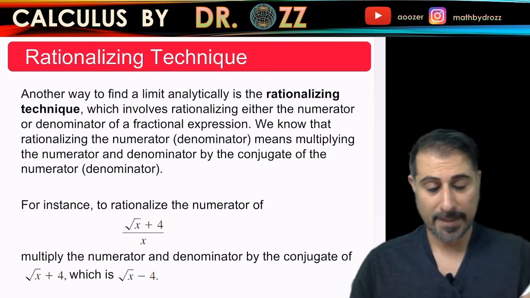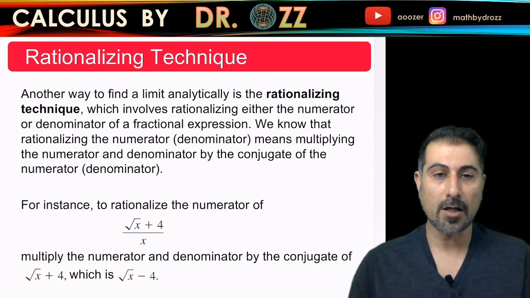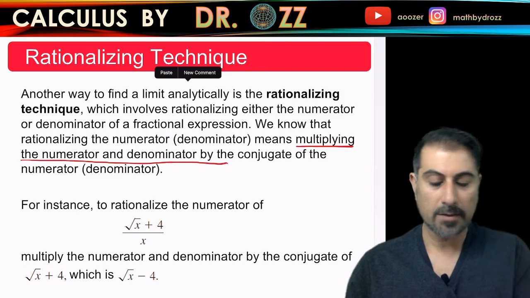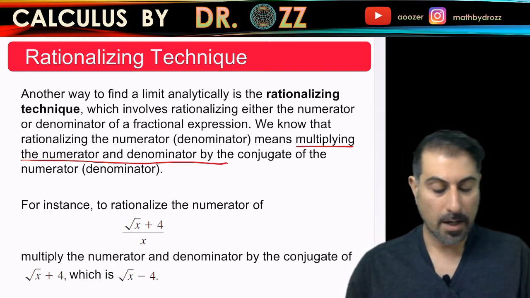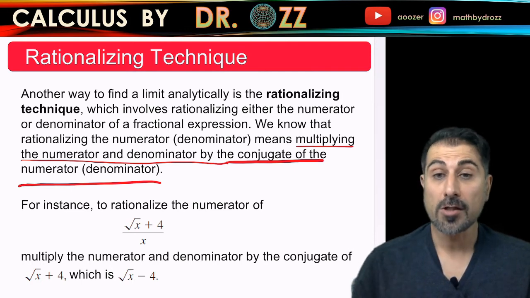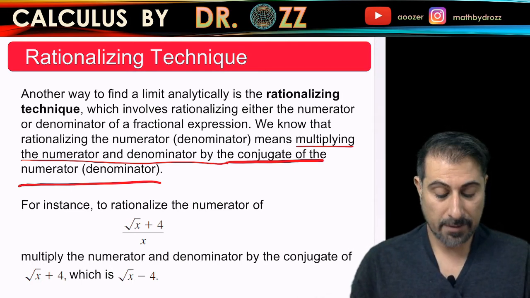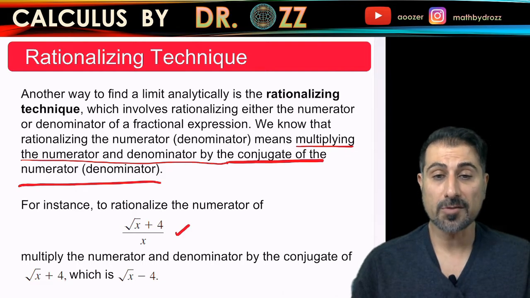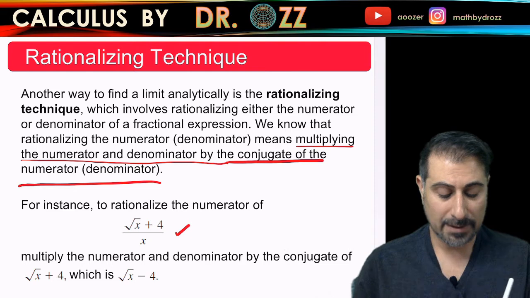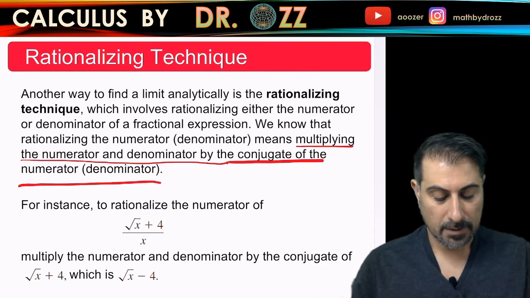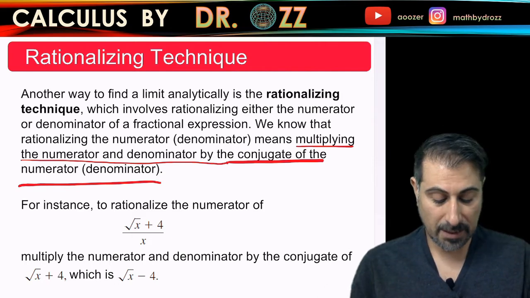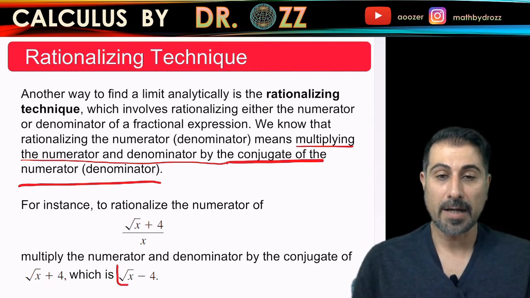The rationalizing technique heavily depends on multiplying the numerator and denominator by the conjugate of the numerator or denominator. So for example, if you have a rational function radical x plus 4 divided by x, and you want to rationalize the numerator, you're going to multiply top and bottom by the conjugate of radical x plus 4, which is exactly equal to radical x minus 4.